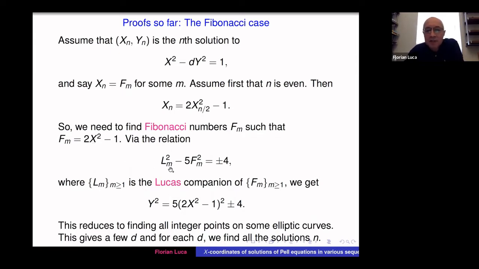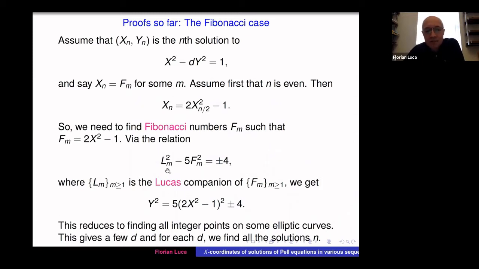Now, there is a sequence that's called the Lucas companion of the Fibonacci sequence, which has the same recurrence formula. Instead of starting with 1, 1, it starts with 1 and 3. And it turns out that that sequence, together with the Fibonacci sequence, satisfies some Pell-type equation.